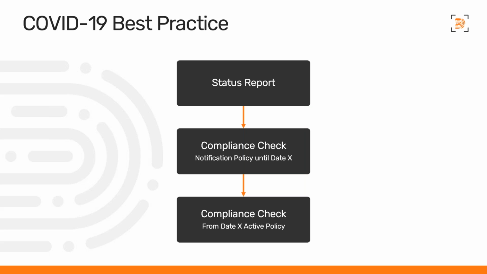This is what we are doing now, day in, day out with our customers: let's find out first what the status is, then enable a nice notification policy, and on date X we change it to active mode. So we are back in secure mode.